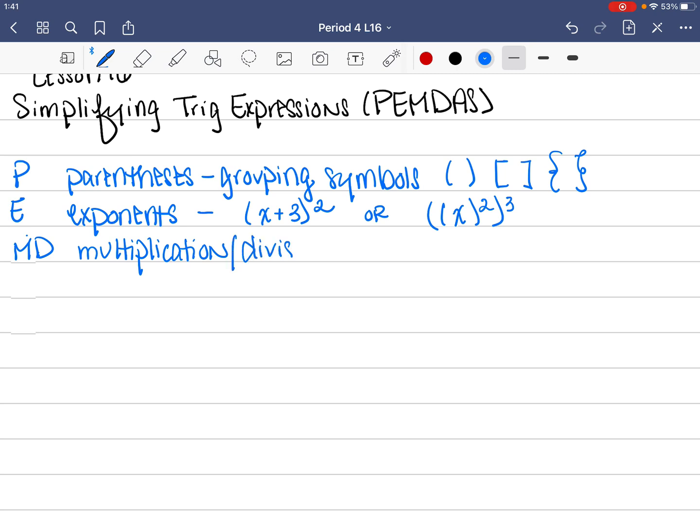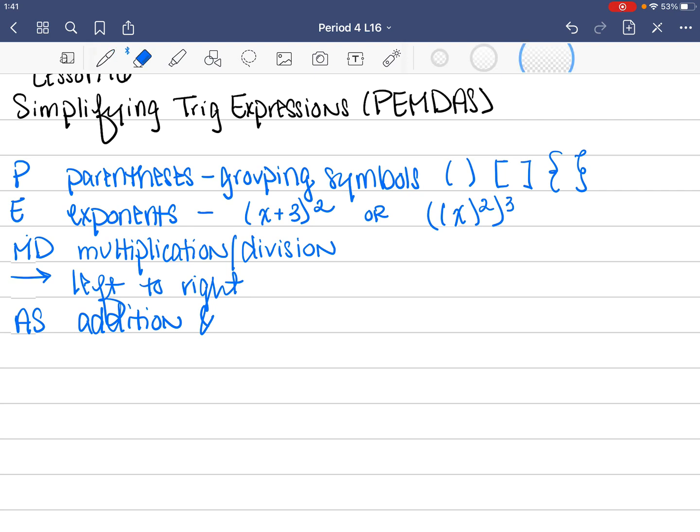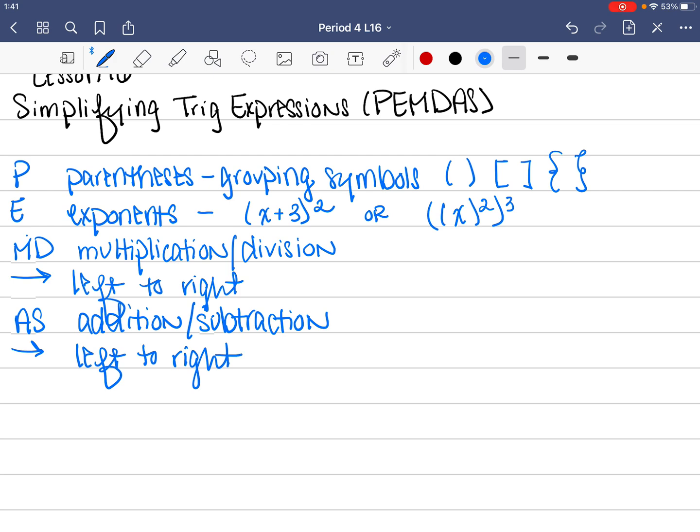And when you work with multiplication and division, you go left to right. So maybe the division comes first if it's on the left, and you may be doing division before multiplication, but they're on the same line and you go left to right. And then we have our A and S, addition and subtraction. I put a slash for multiplication/division, so we'll keep that slash going with addition/subtraction. And once again, just like multiplication and division, you are always working left to right. So if the subtraction comes first, that's what you're going to be doing.